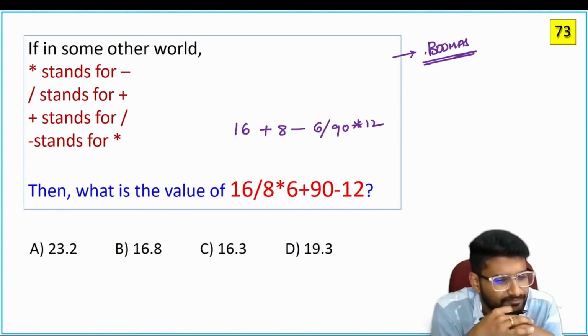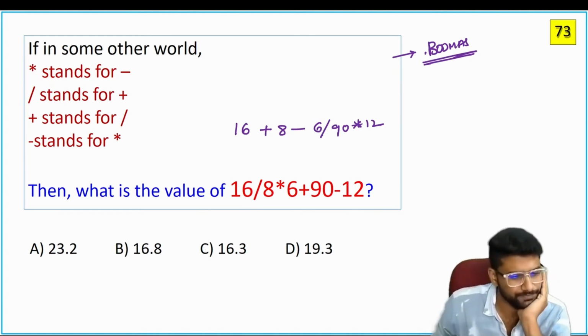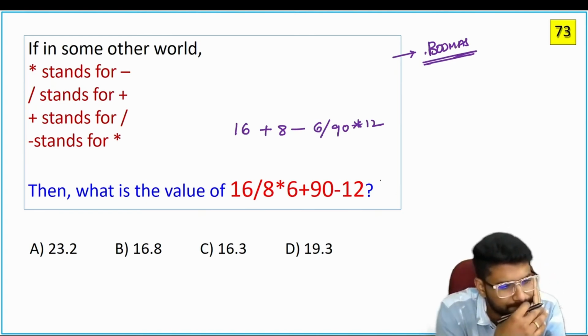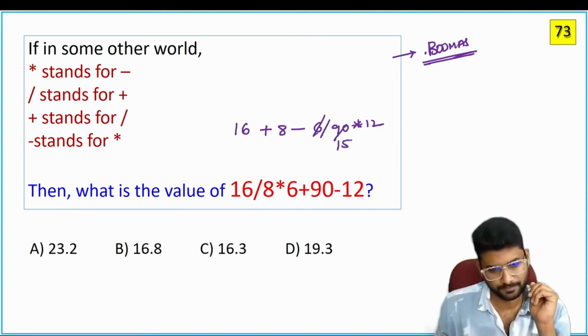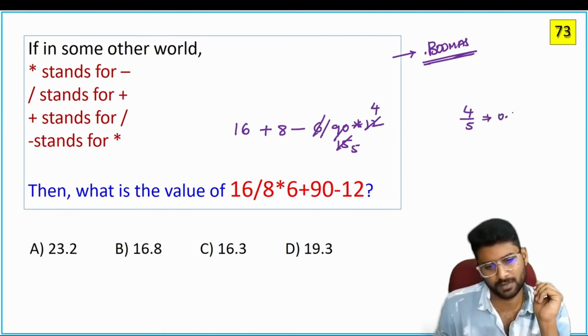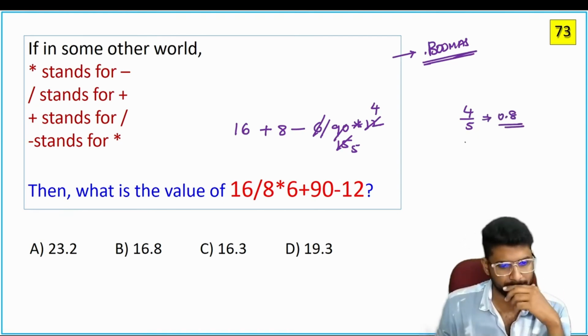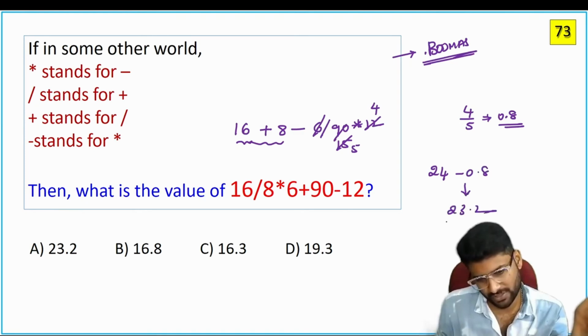What is the answer? What about 4 by 5? 0.8. Now here 16 plus 8. 16 plus 8 is equal to 24. Minus 0.8 is exactly equal to 23.2.